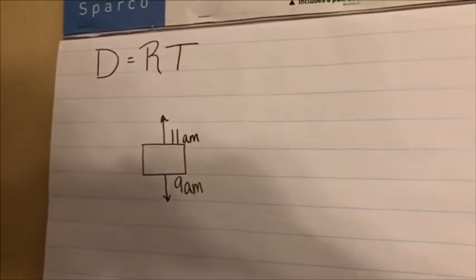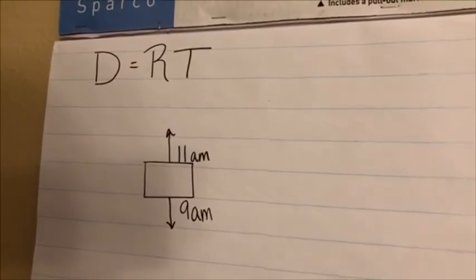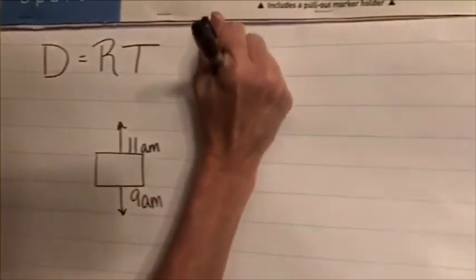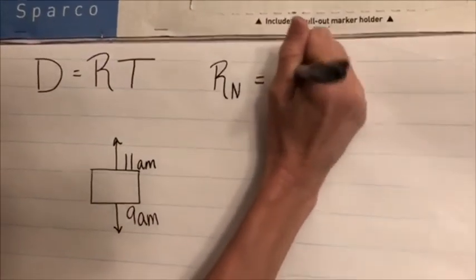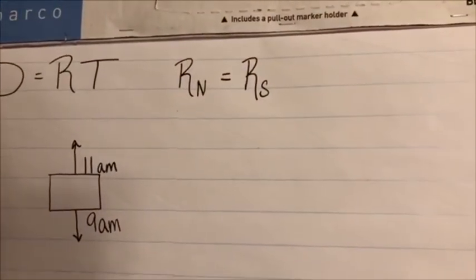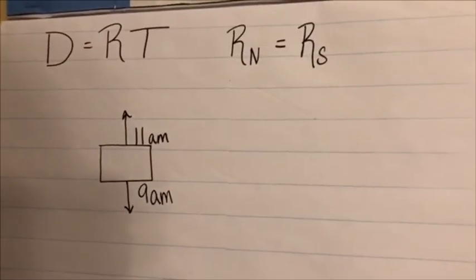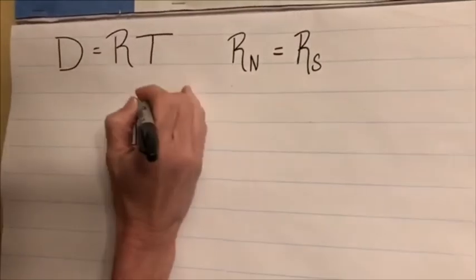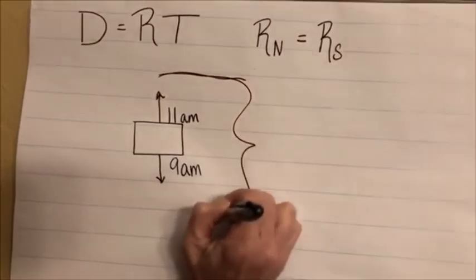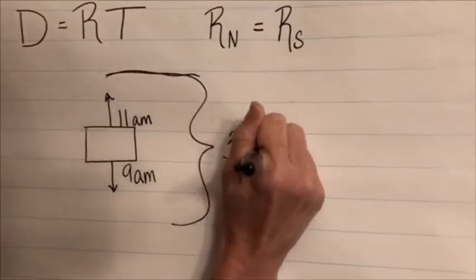Okay, so it says if the buses traveled the same rate. So what we know then, that they're traveling at the same rate, we know that the rate of the northbound bus is going to equal the rate of the southbound bus. Okay, and it says they were 352 kilometers apart at 2 p.m. So at 2 p.m., this distance right here, their distance apart is 352 kilometers.